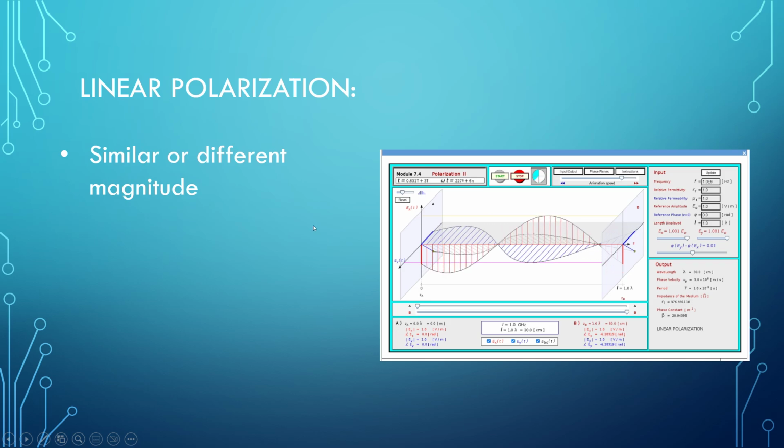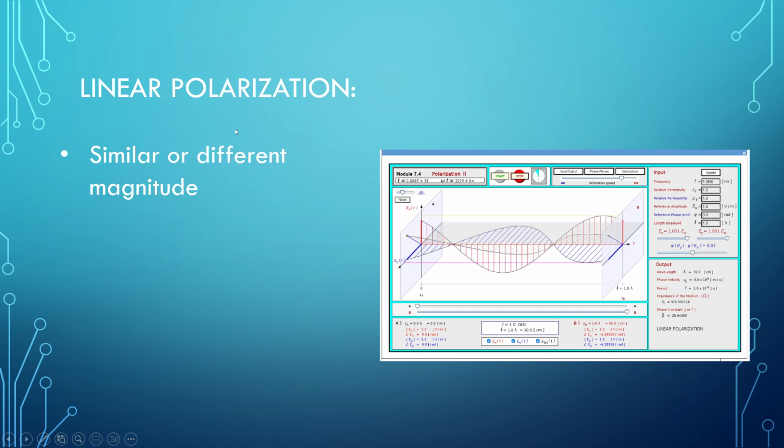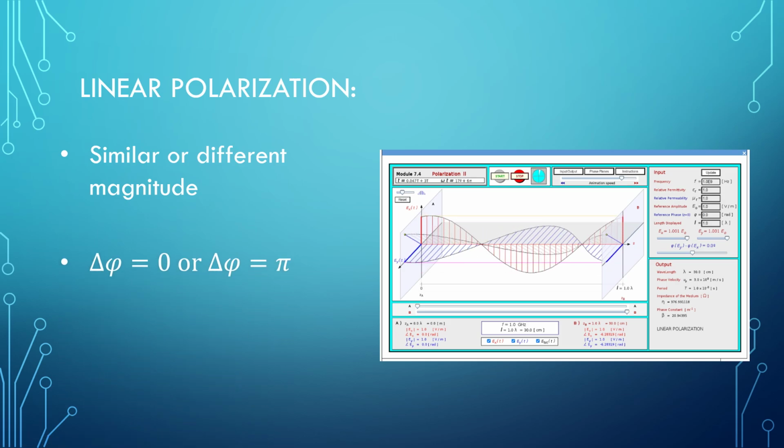Notice here that the magnitude of the electric field in linear polarization could be similar or different. What differs from the other two types is the phase difference.